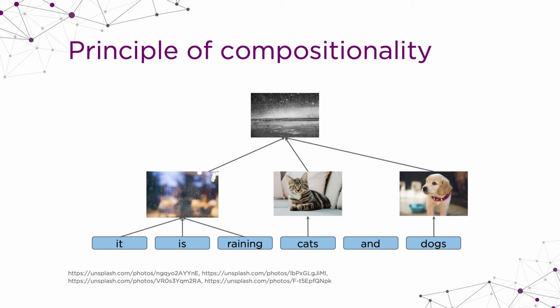This part shows that it is raining, and then we have a cat, and then we have a dog. But if we put everything together, the real meaning is that it is raining a lot. So you can see how we are applying this principle of compositionality to build some higher level meaning, but at the same time, there are definitely some cases that are not trivial to follow.